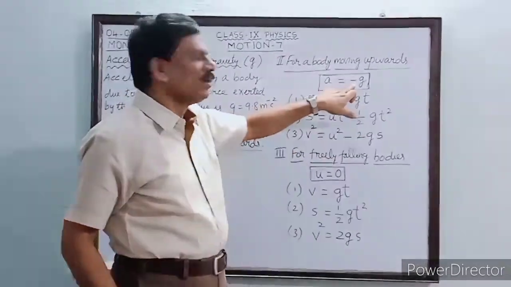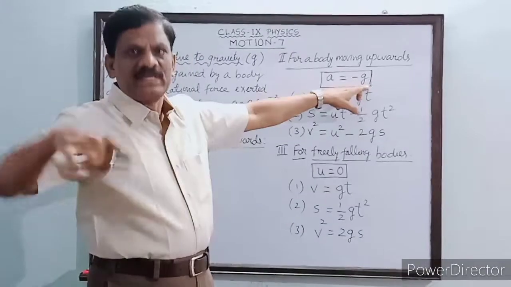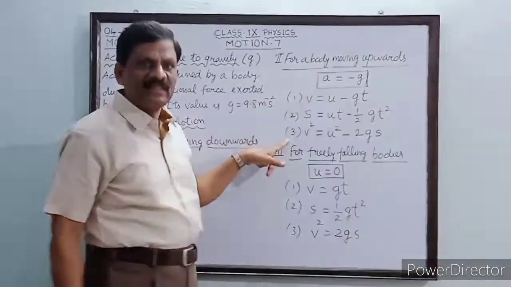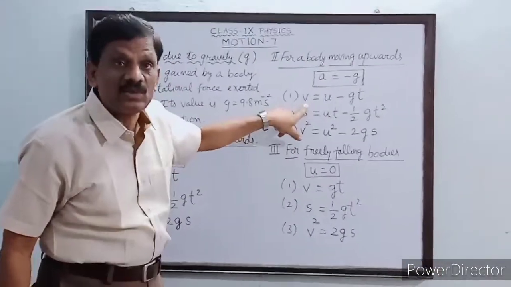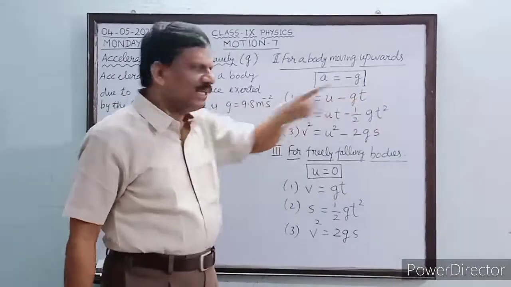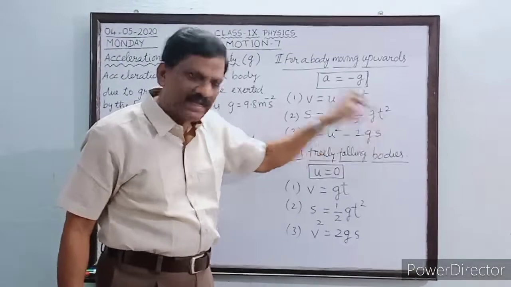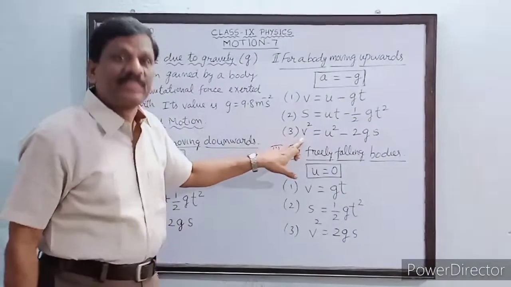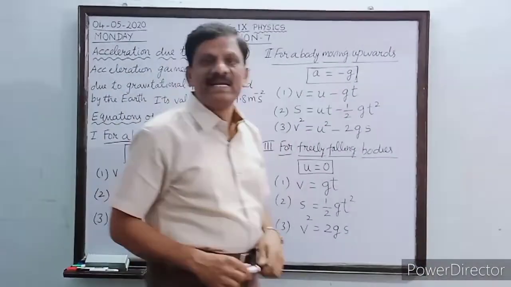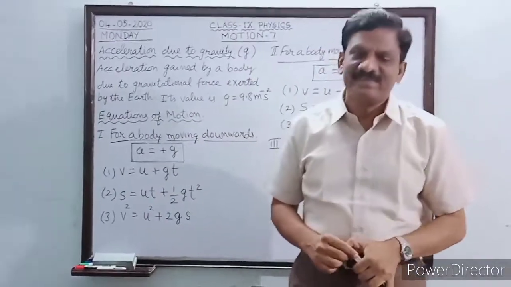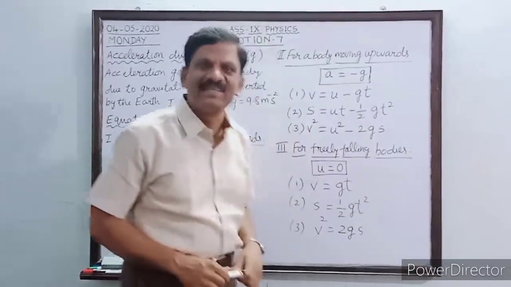Therefore, a must be equal to what? Minus of g. So the same three equations are rewritten like this. The first equation is v equal to u minus gt. The second equation is s equal to ut minus half gt square. What is the third equation? Yes, v square is equal to u square minus 2gs. Yes, is it easy? Are you understanding?